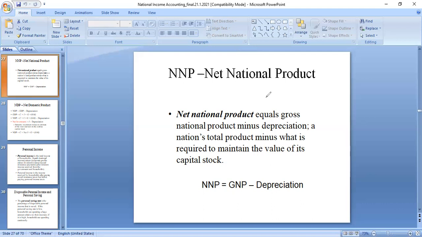I explained that when we are using the expenditure approach, where Y stands for income, for simplicity, we say that income or GDP is equal to C plus I plus G, of course consumption plus investment plus government expenditure plus the net exports, which is X minus M, exports minus imports.